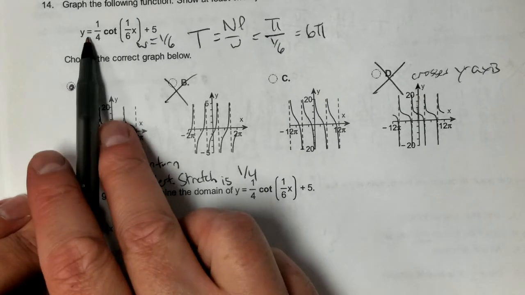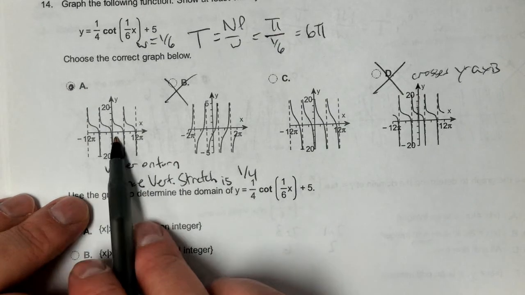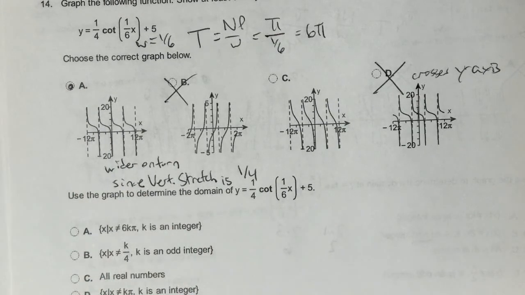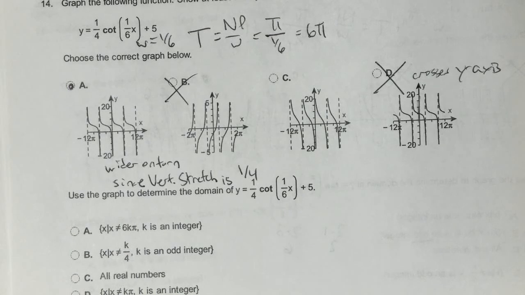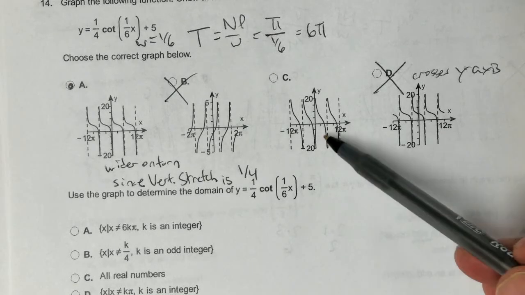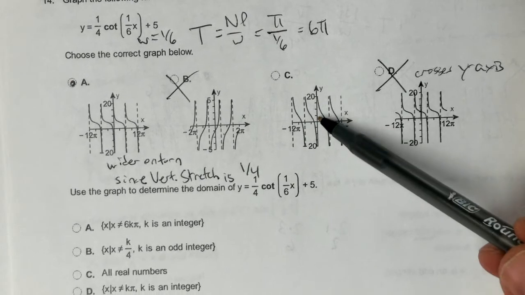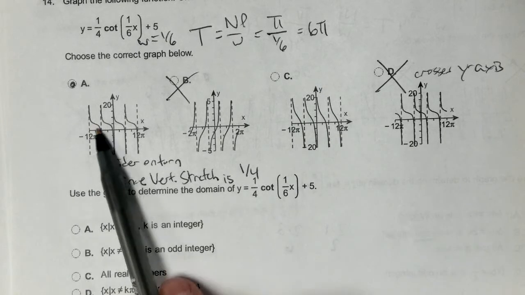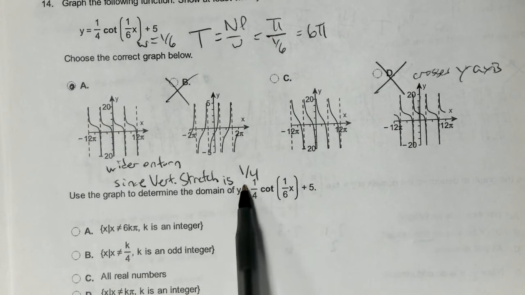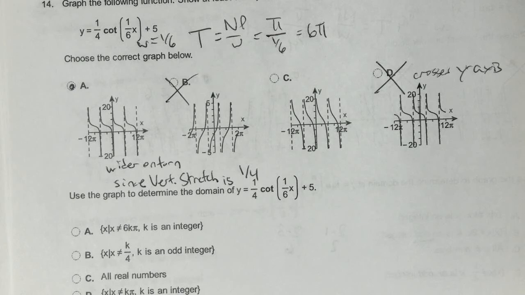Your 1/4 is in front, and so it's going to be a wider turn. If it were a whole number or positive, like 2, 5, whatever, it'd be steeper. But it slows down on the curve when there's a fraction in front, like 1/4. Any questions?